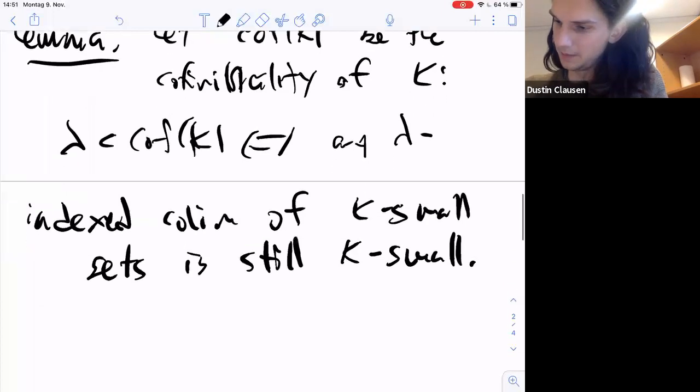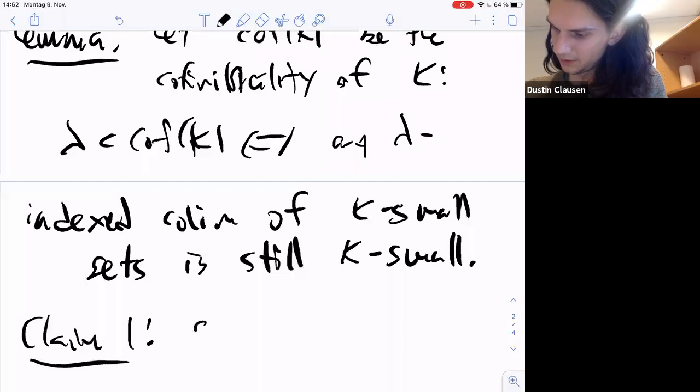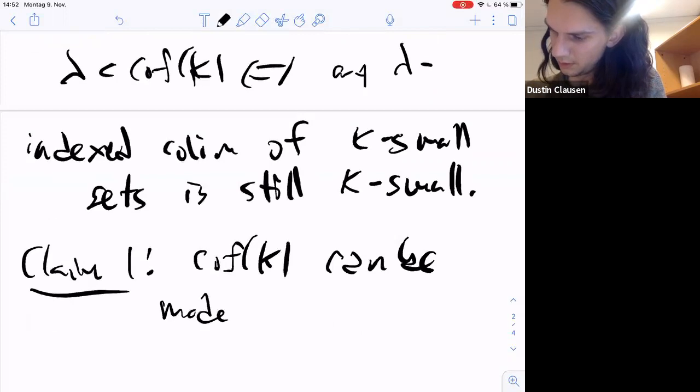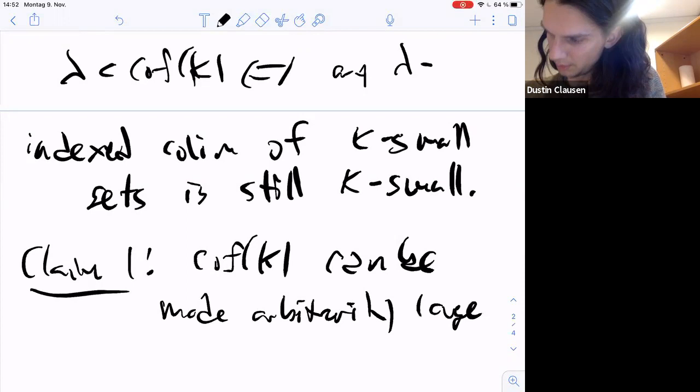Right. So then the claim is that the cofinality of kappa can be made arbitrarily large by increasing kappa.